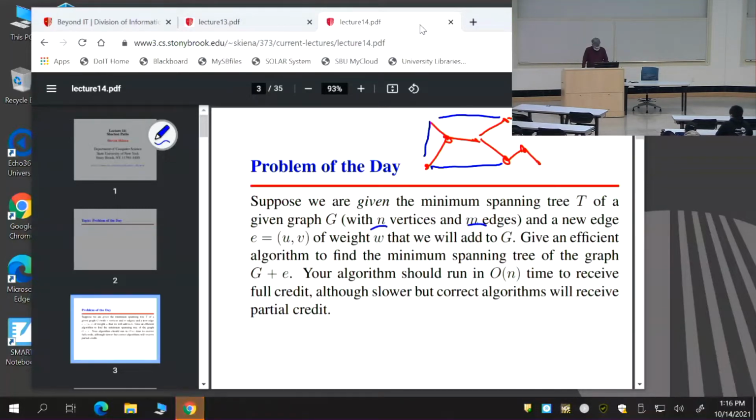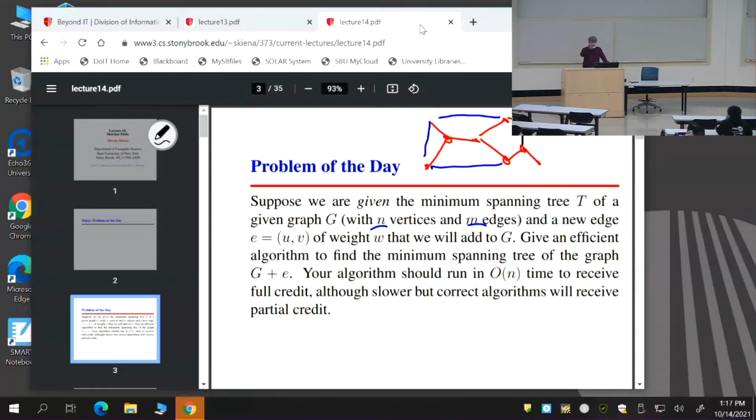I am given the minimum spanning tree, which is in red. And I am given, dramatically, a new edge. Okay? How do we compute the minimum spanning tree of the old graph G plus the new edge? Efficiently. Does everybody get to see that?